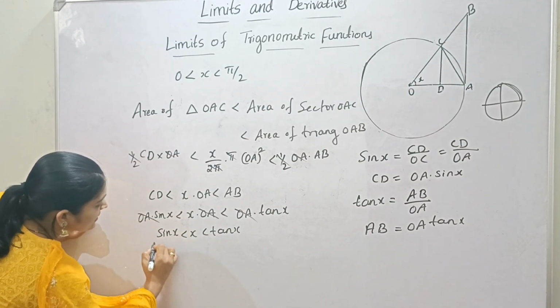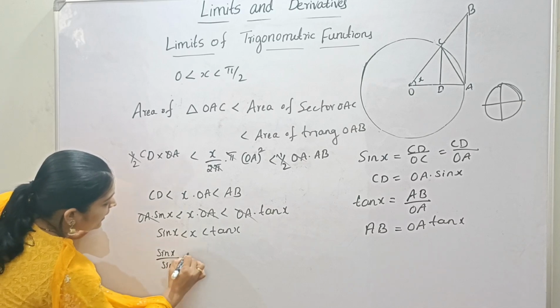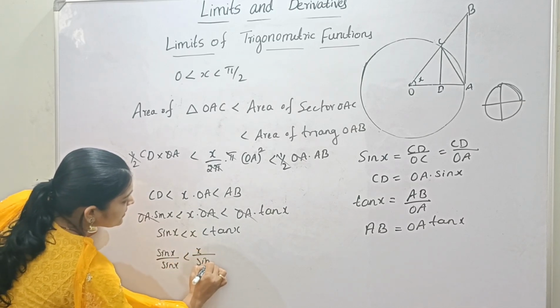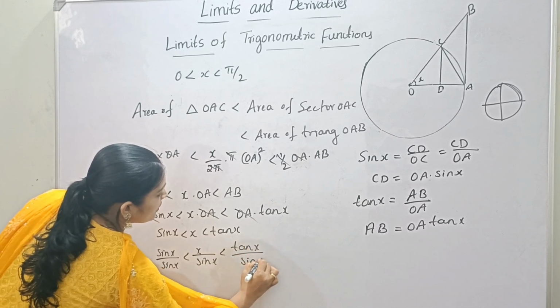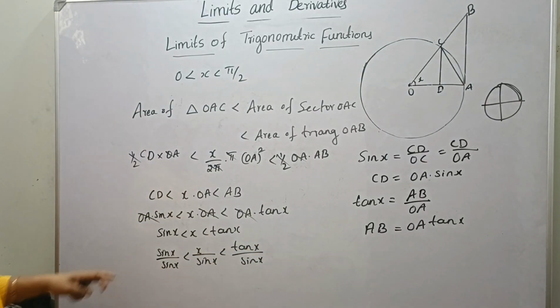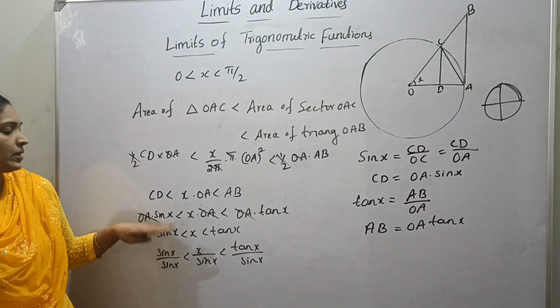What we will get? Sin x by sin x less than x by sin x less than tan x by sin x. Here we have divided throughout by sin x.